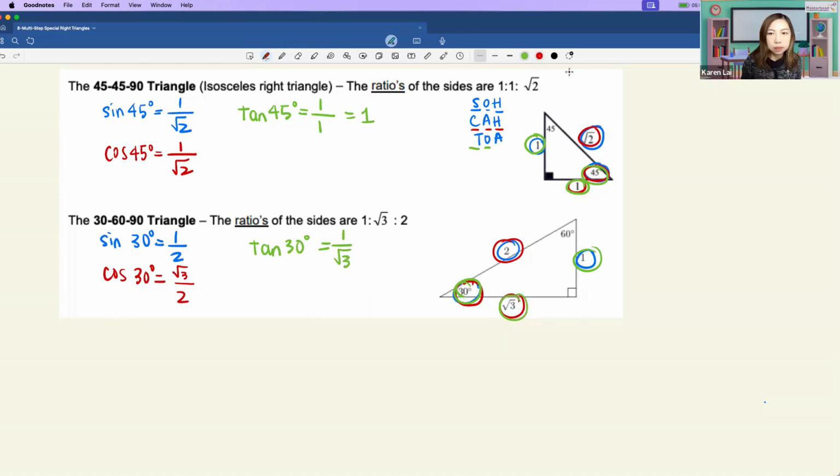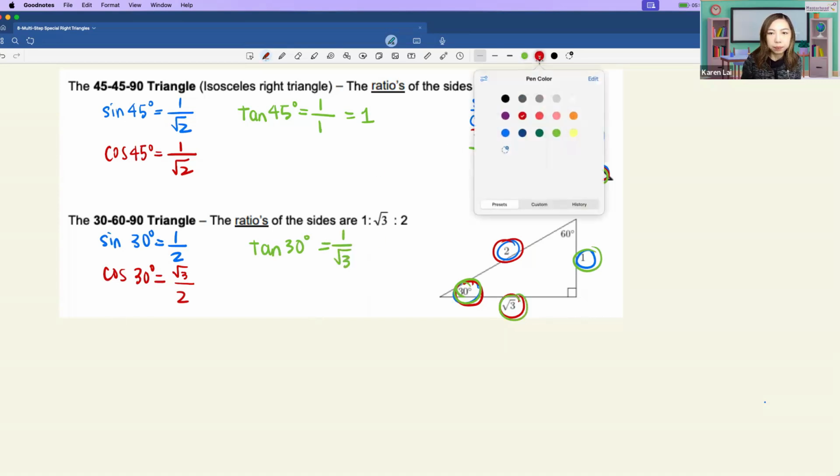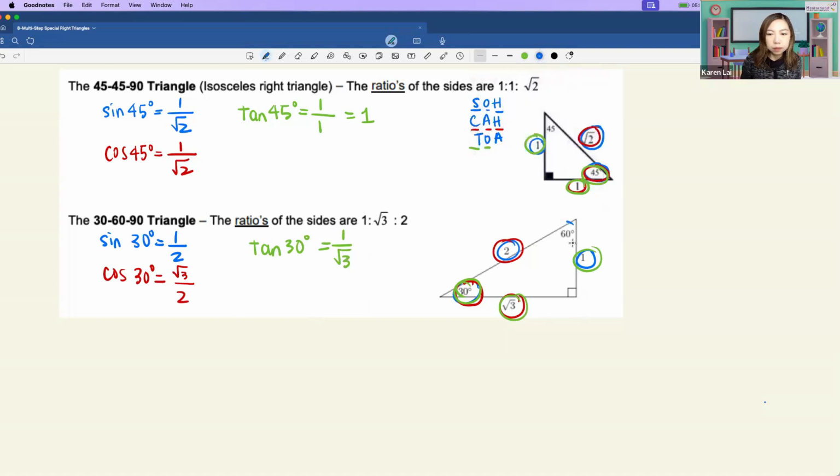Next angle would be sine 60. Our angle is up here, so we have to be careful when we spot our opposite and adjacent sides. Let's do it over here. Sine 60 would be opposite. The opposite side of the angle would be this one right here. So it's root 3 over hypotenuse, which is 2.